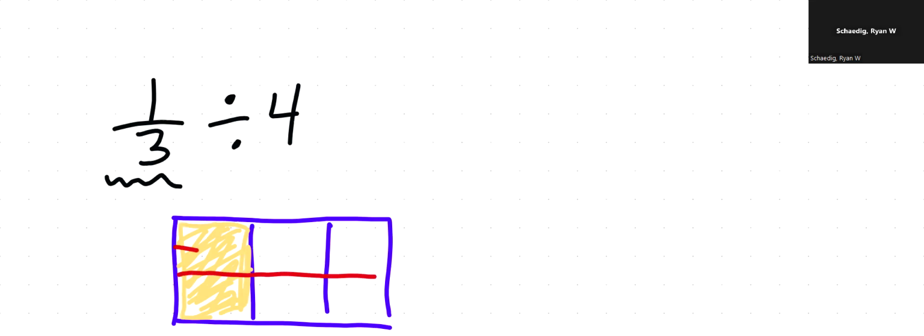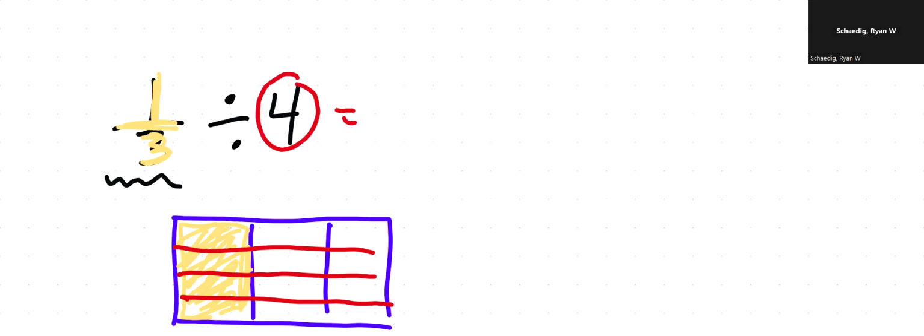I could go horizontal again, but I love the idea of rows and columns. They help me see it. And so when we look at the process of this, we have to remember that we're actually taking this 1/3, this color here. I'm going to go over it with this color so it matches the shading. This 1/3 has been cut into 4 pieces.